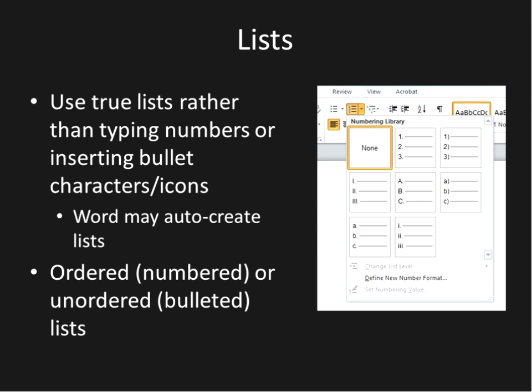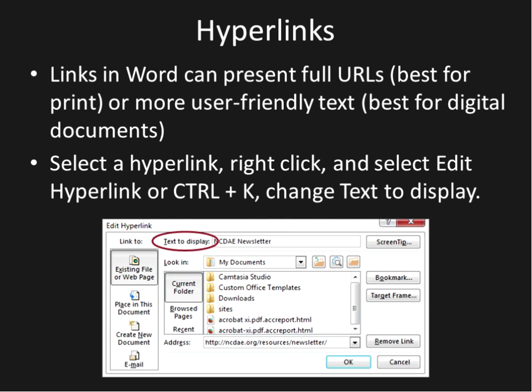If you type number 1 and then some text and hit enter, generally it will assume you're creating a list and will automatically make that an ordered list. So lists are also really important for accessibility. When a screen reader encounters a list, it will indicate the type of list and generally the number of items within that list. So that can really help a screen reader user get an idea of what they're interacting with.